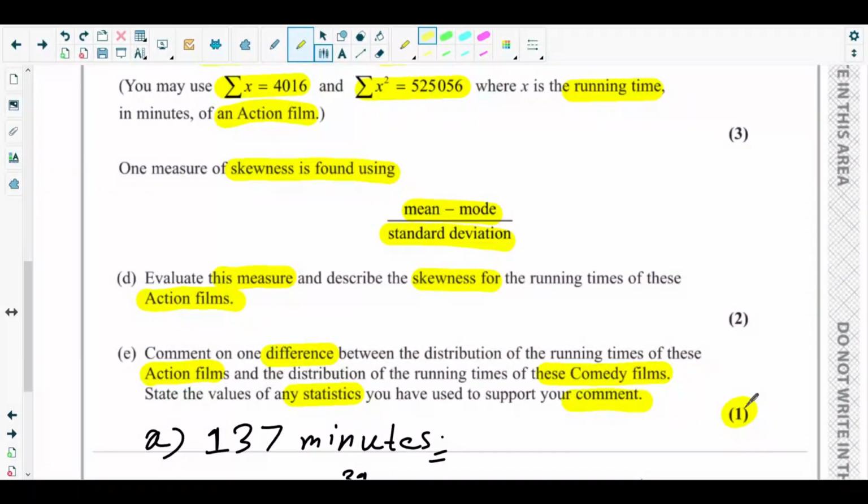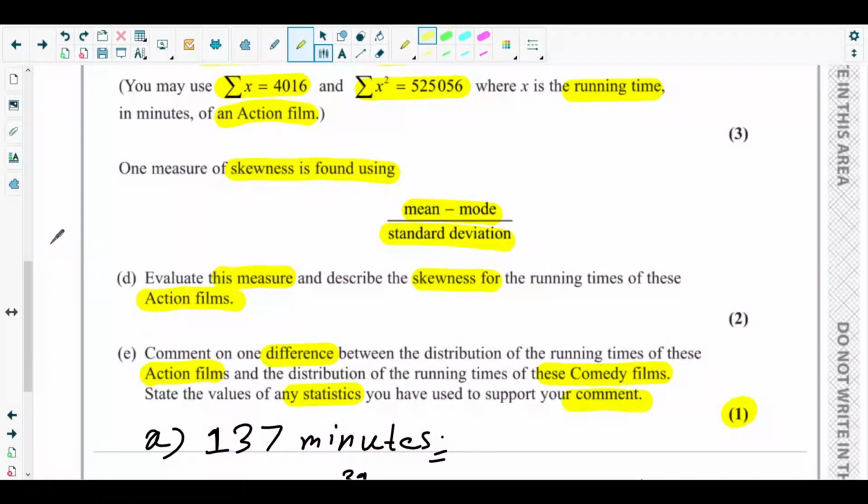So for 1 mark we will comment on the median, because the median is perfect in this case. The median for both sets of data is known to us, and it will give us a more perfect idea about the distribution of the two data sets.